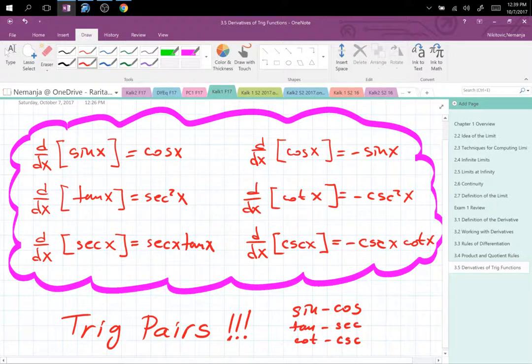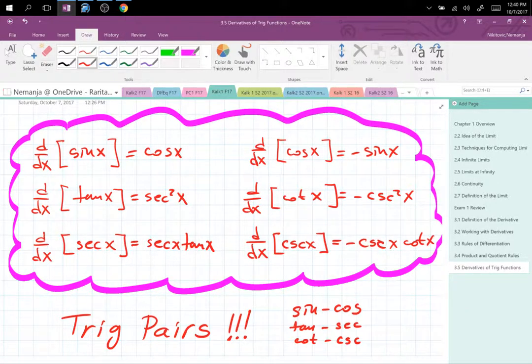Observe that these formulas never stray from that pairing. Sine, cosine, cosine, negative sine, tangent, secant squared, secant x, secant, tangent. The pairing is never broken in any of these formulas. Are we 100% on that one?